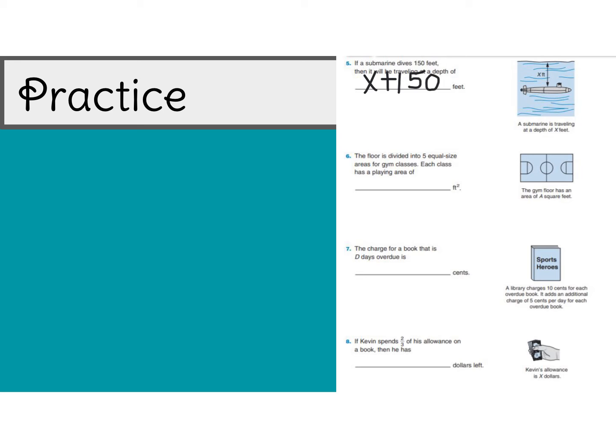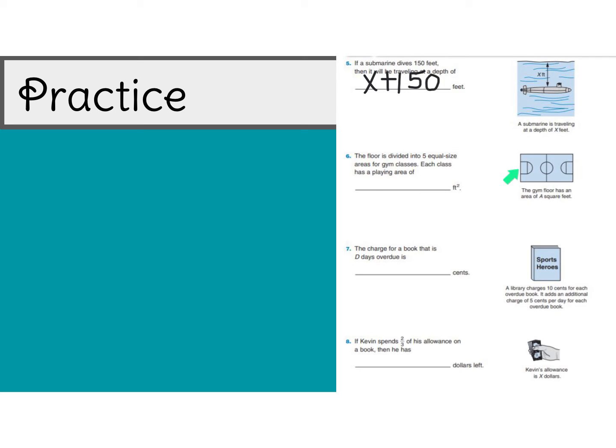Let's take a look at number 6. The floor is divided into 5 equal size areas for gym classes. Each class has a plane area of blank feet squared.